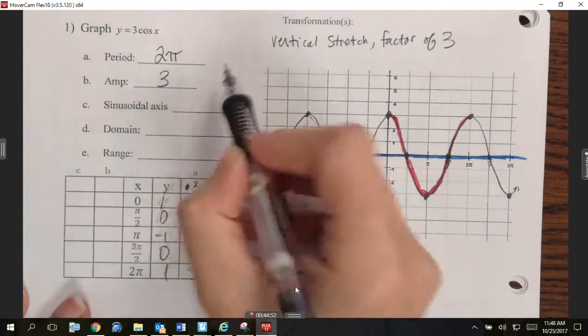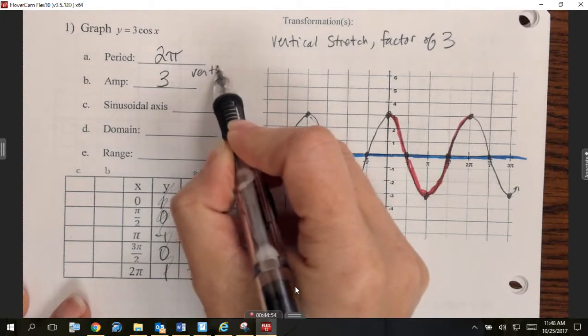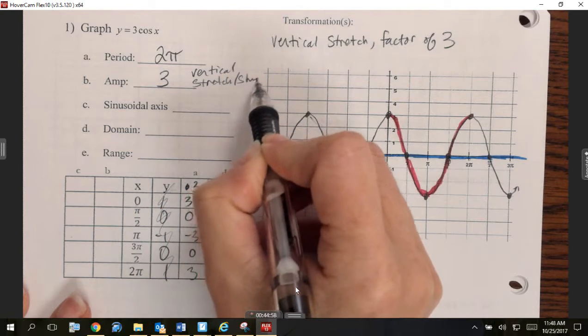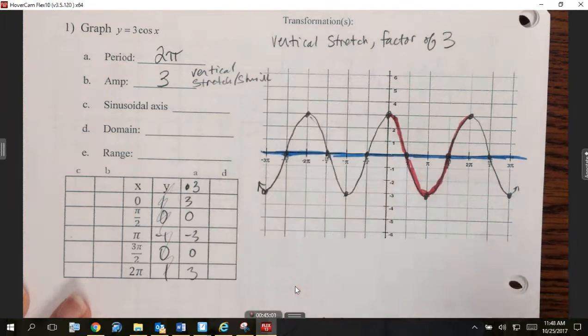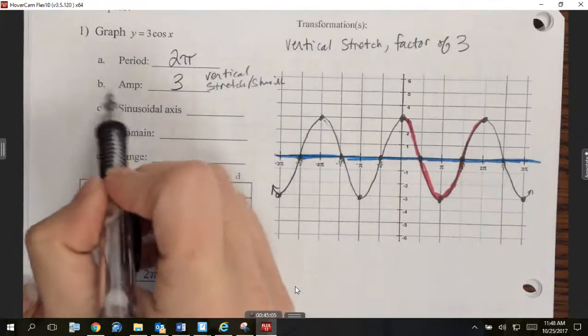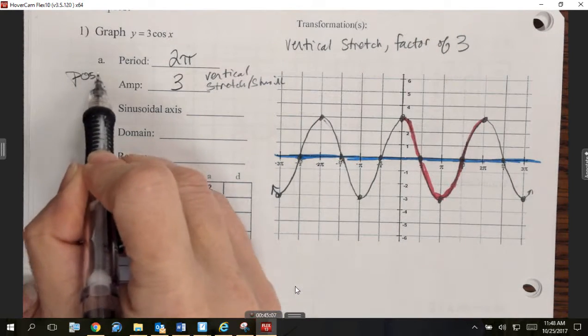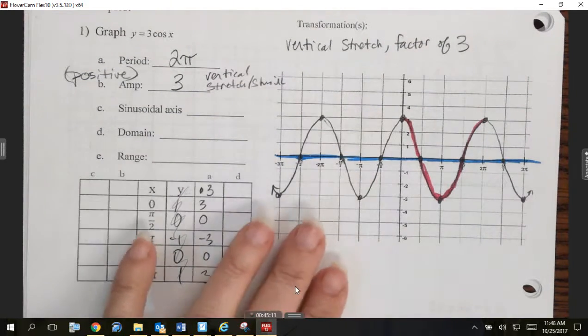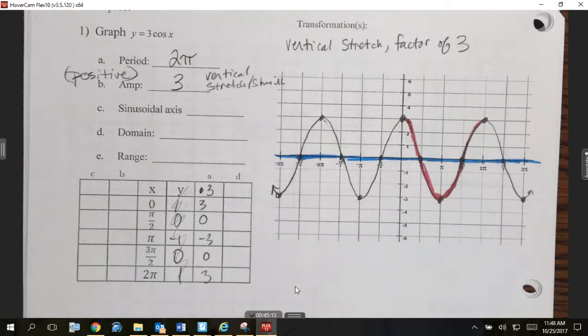The amplitude is just the vertical stretch or shrink. But that also means it's not negative. It's just a positive answer every single time. Because a vertical stretch or shrink is not negative. What does a negative do to the graph? Reflection. So that's not included in the amplitude.